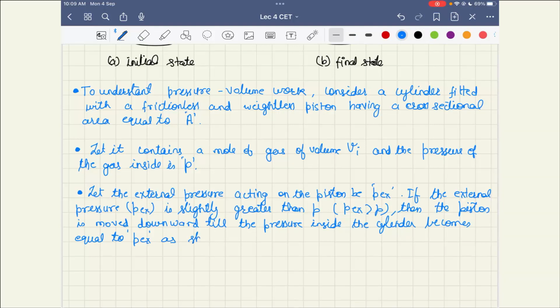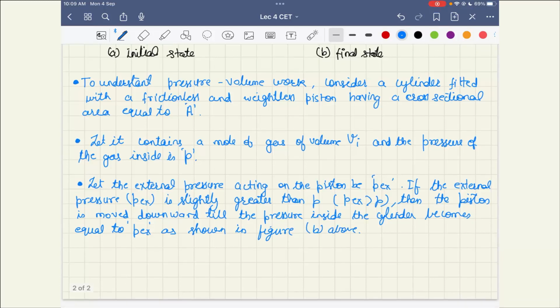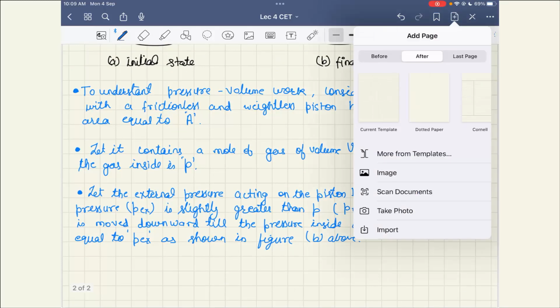As shown in figure B above, right? So now let us move on to the next page.